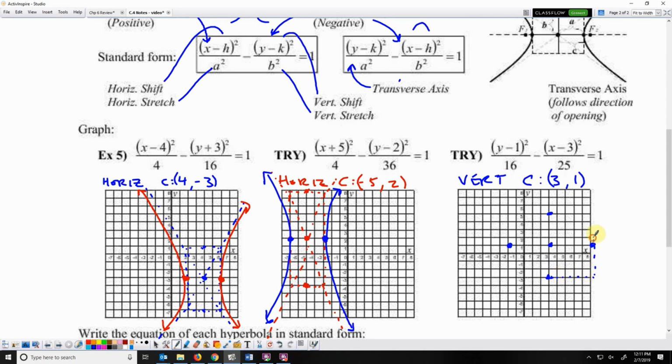And I can build a rectangle. Then I do diagonals of that rectangle for asymptotes. And since it's vertical, now I'm using the centers of the top and bottom as my vertices.